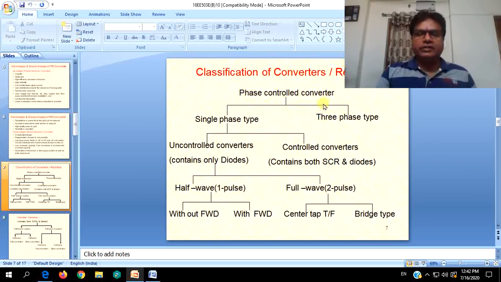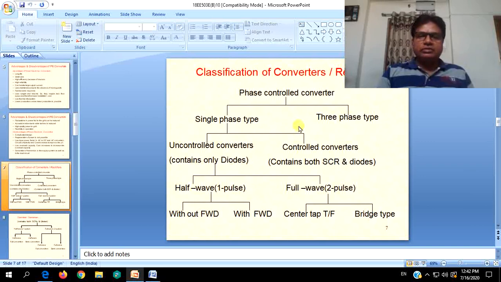Their action is controlled by the phase control technique, which we will be discussing later. So they are called phase controlled converters or phase controlled rectifiers, which convert AC to DC.